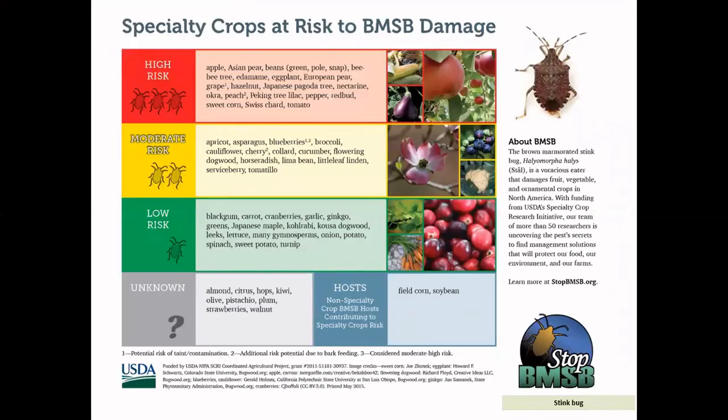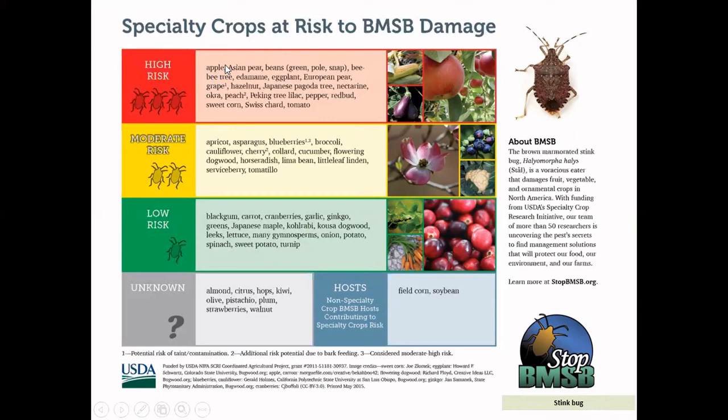And the big thing about brown marmorated stink bug is that it has a massive host range of both agriculture, forestry, and landscape pests. So it can really move around well throughout the season because it has such a wide host range. The concern, though, for apples, as you can see on this list here, is that apples are considered one of the high-risk crops for brown marmorated stink bug damage.